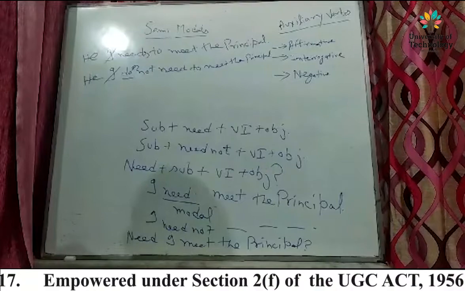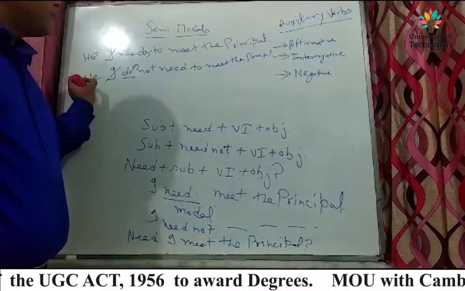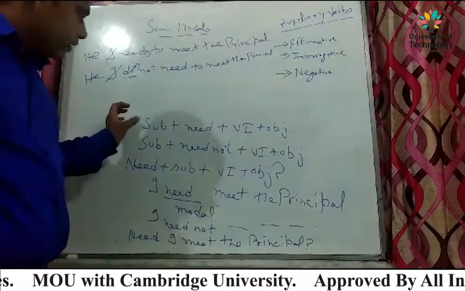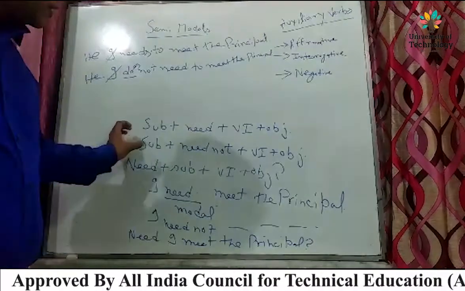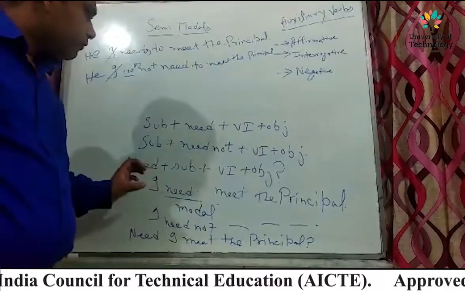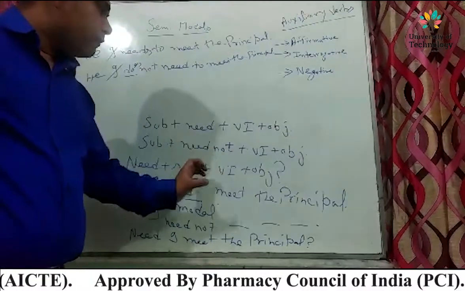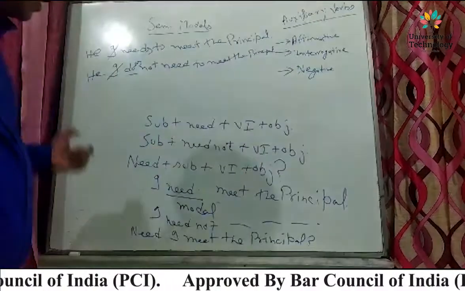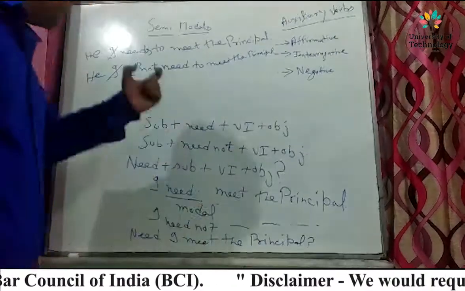So it is working as a modal and it is working as a verb, right? If it works as a modal, subject plus need plus verb first form plus object, subject plus need not plus verb first form plus object, need plus subject plus verb first form plus object. I need meet the principal, I need not meet the principal, need I meet the principal.